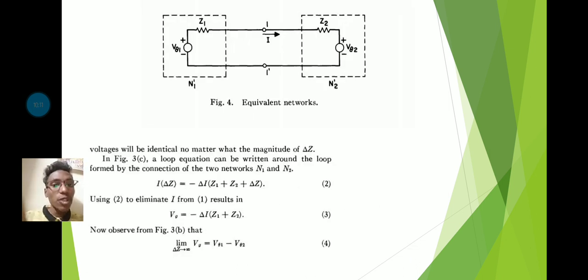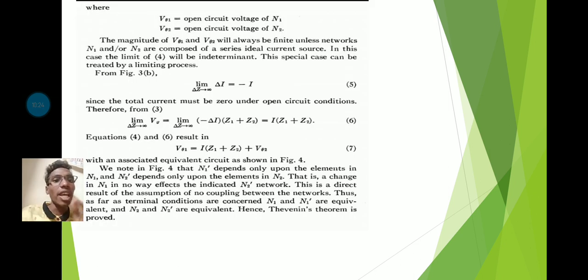Now observe from fig 3b that as the limit ΔZ extends to infinity, Vq equals V1 minus V2, where V1 is the open circuit voltage of N1 and V2 is the open circuit voltage of N2.